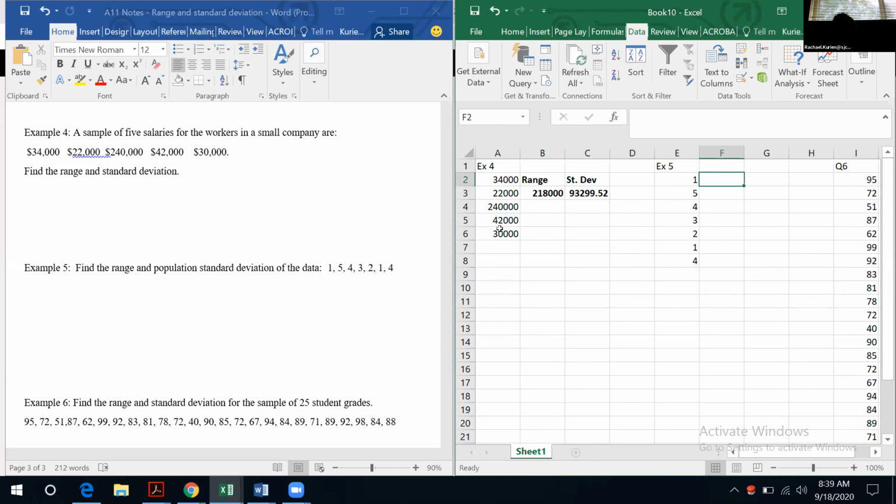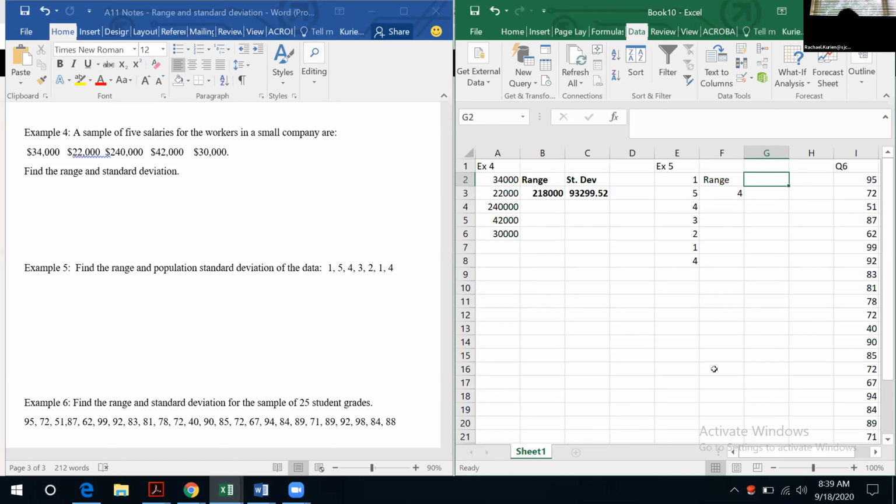All right, so let's look at number 5. Again, we want to find our range. So we're going to do the max, that's your biggest number, minus your min, which is your smallest number. And there we have our answer. So the range is 4.